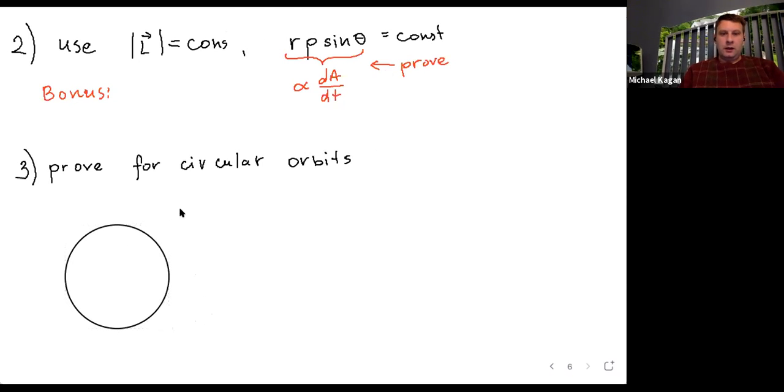So let's say we have the sun here, and this is the Earth that orbits the sun with radius r. We pretty much already proved it. And by the way, this is the astronomical symbol for the sun, the dot in the circle. So we basically proved it a few slides back.